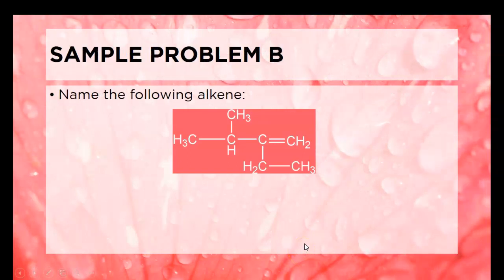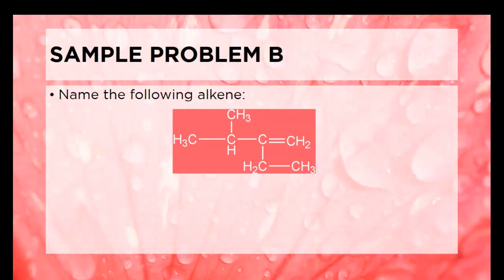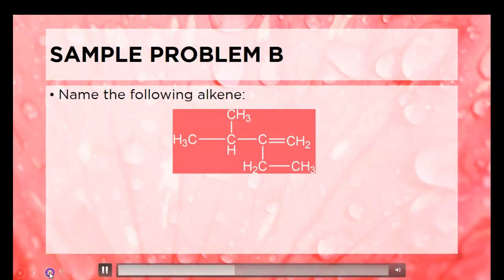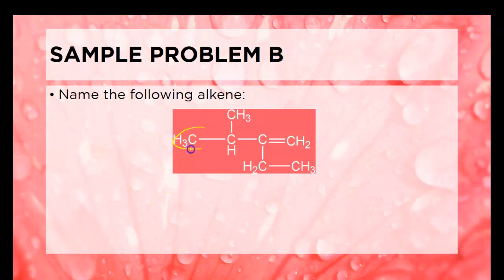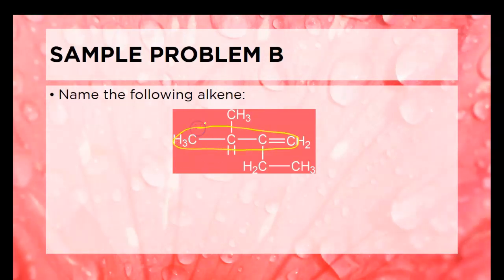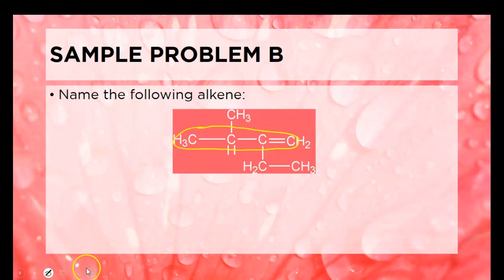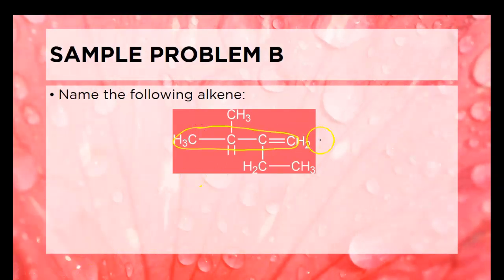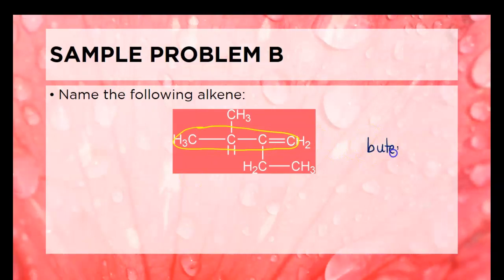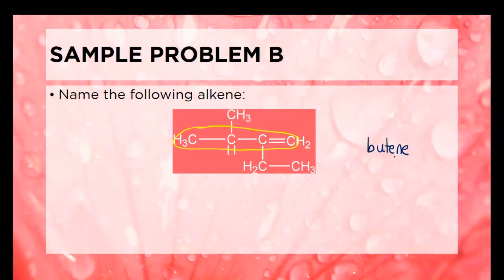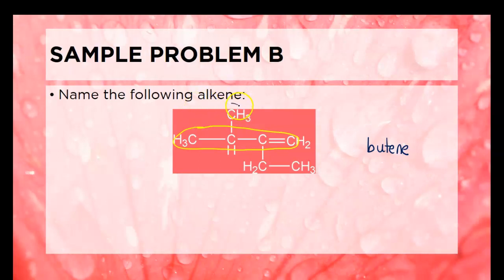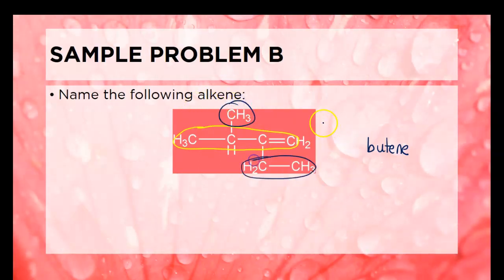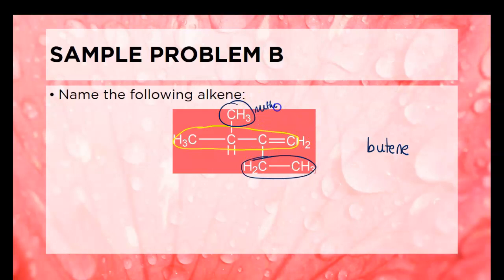So let's take a look at this one. You can see my parent chain has to include the double bond. So I'm going to include these 4. Remember, 4 means butane, but this is an alkene because it has a double bond. So we're going to call it butene. And I see I have a chain off of here. I have a chain off of here. This is a methyl. This is an ethyl.